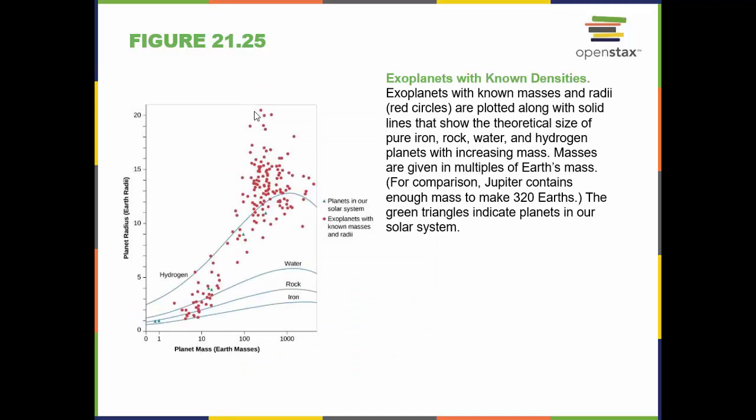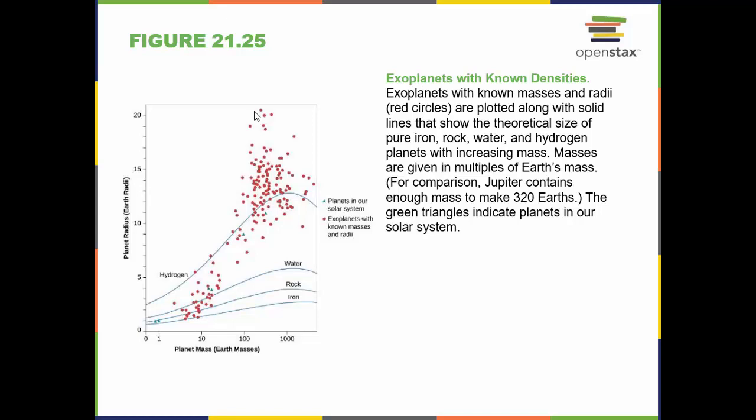So of the exoplanets that we are pretty certain about their densities, these exoplanets with known masses and radii are in red circles, plotted along with solid lines to show their theoretical size of pure iron, rock, water, and hydrogen planets, with increasing masses, right?